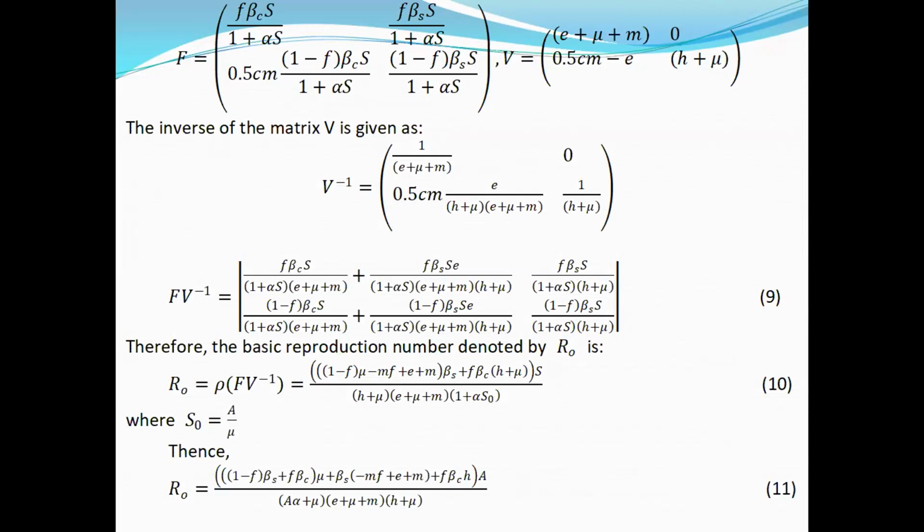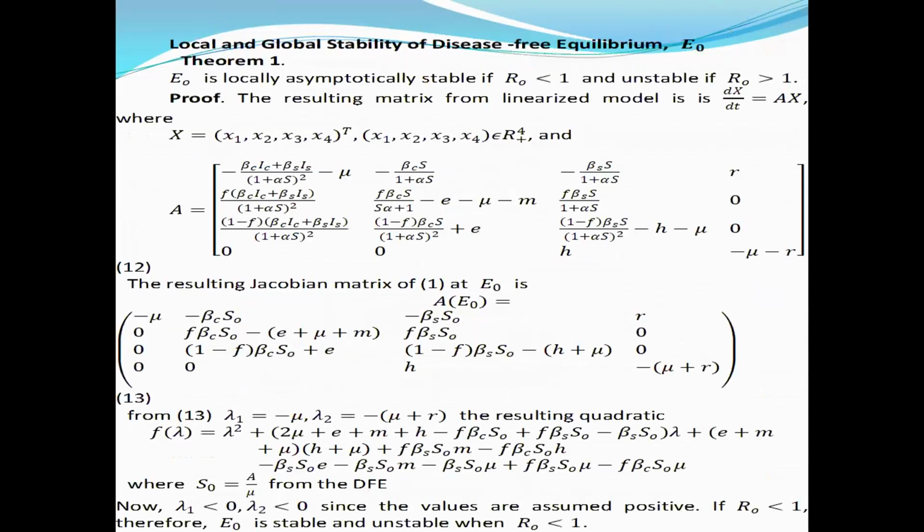Then we go ahead to calculate the local and global stability of the disease-free equilibrium. We use the Routh-Hurwitz criterion to find the local stability. After the whole calculation, we found that our disease-free equilibrium is locally stable because R0 is found to be less than 1.